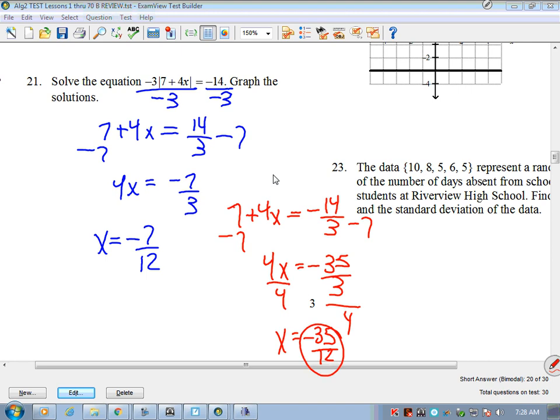So we're going to say this or this, and they want that graphed. This is where you probably want to plug these in as decimals to see where they wind up. So here's 1, -1, -2, -3, -4, something like that.